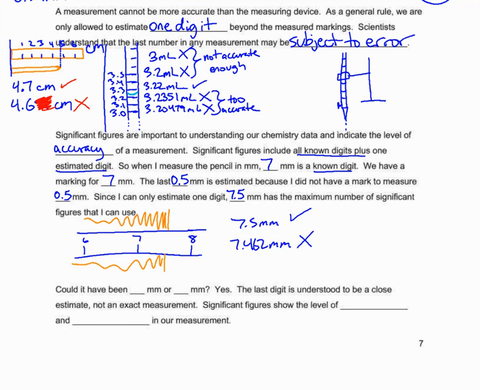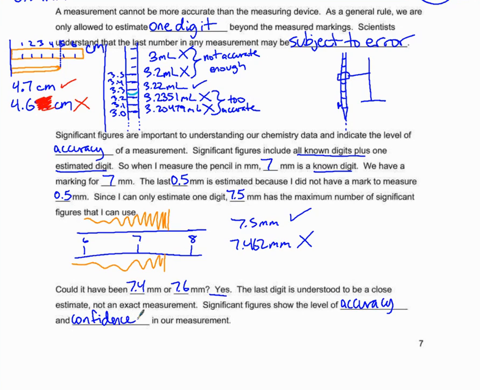What are the chances that it could have actually been 7.4 or 7.6? Could it have been? Yes, it could. But the last digit is understood to be a close estimate and not an exact measurement. Significant figures show us the level of accuracy and confidence in our measurement.